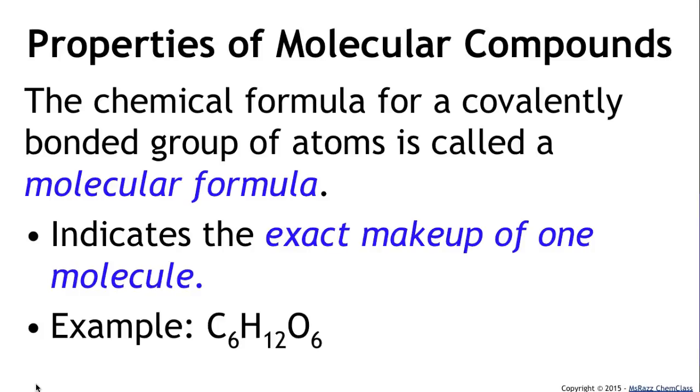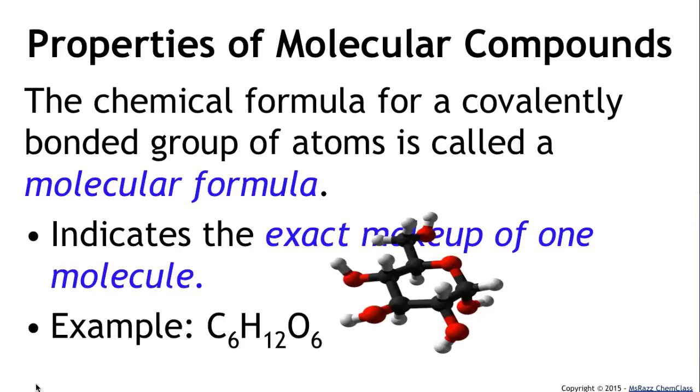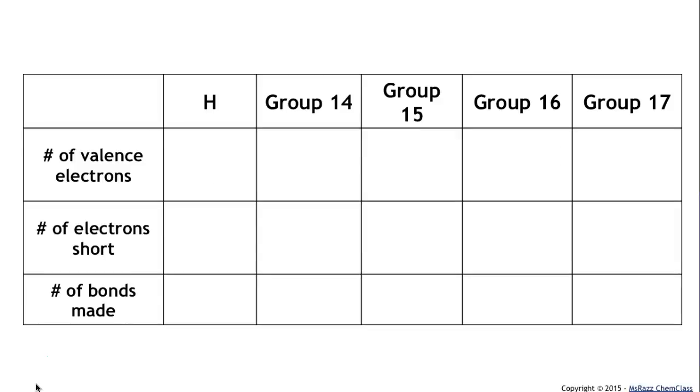It's not in the lowest ratio form, right? But that is, in fact, what glucose is. It's a ring structure you can see there, and that is its exact makeup, C6H12O6.